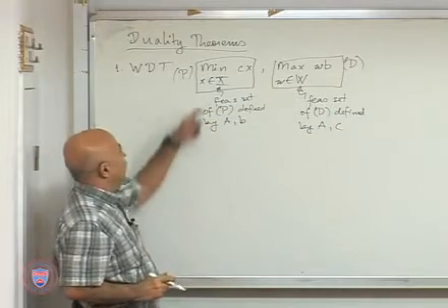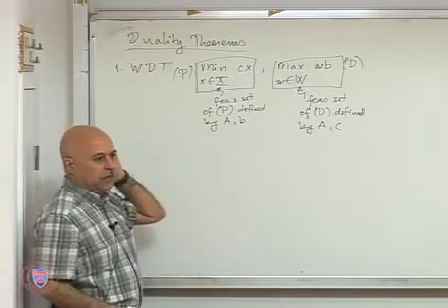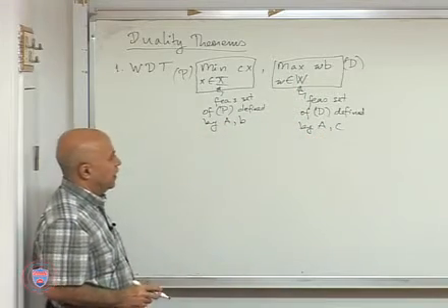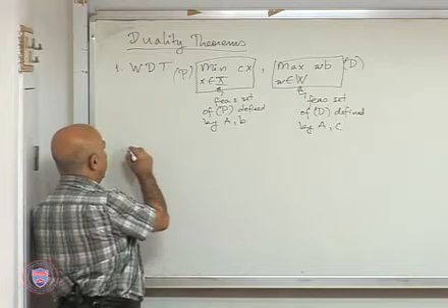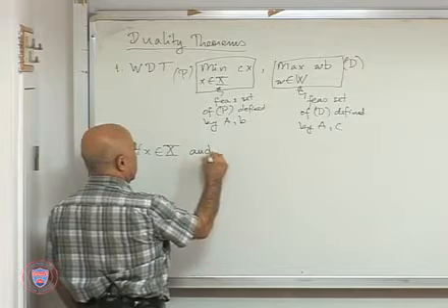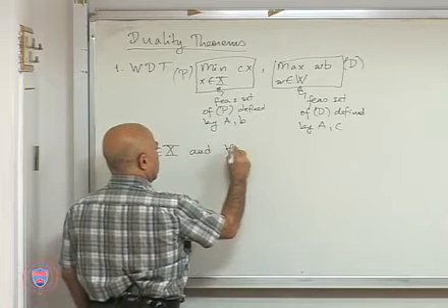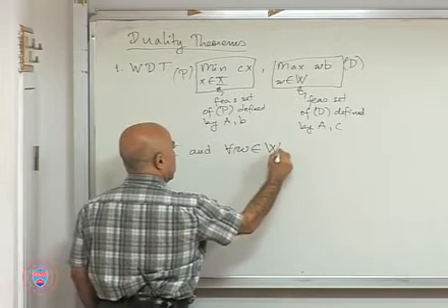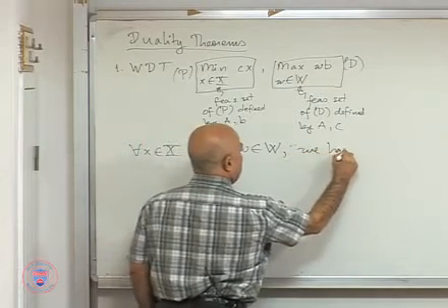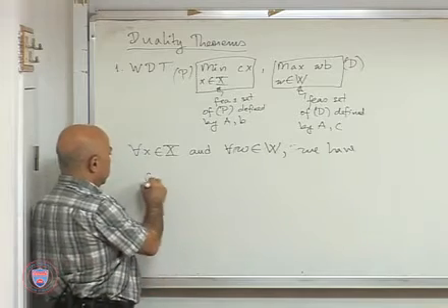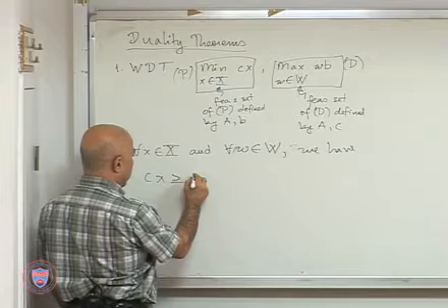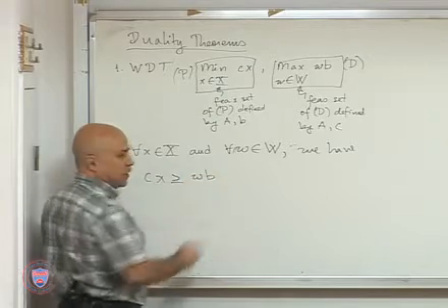Where X is your feasible set defined by A and B, and W is your feasible set defined by A and C. If you have a feasible solution X and a feasible solution W for the dual, the objective value of the minimization problem, which is your Cx, is bounded below by the objective value of the other one, the maximization problem.